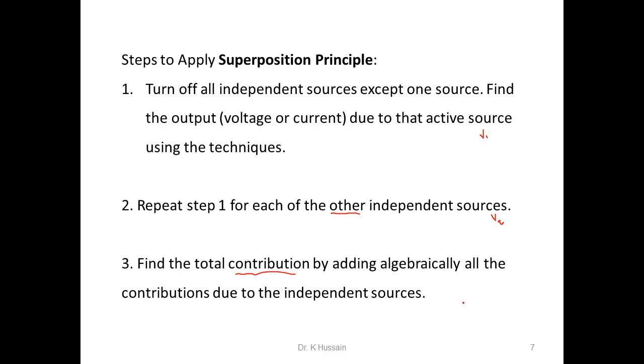These are the steps required to apply the superposition principle to circuits.